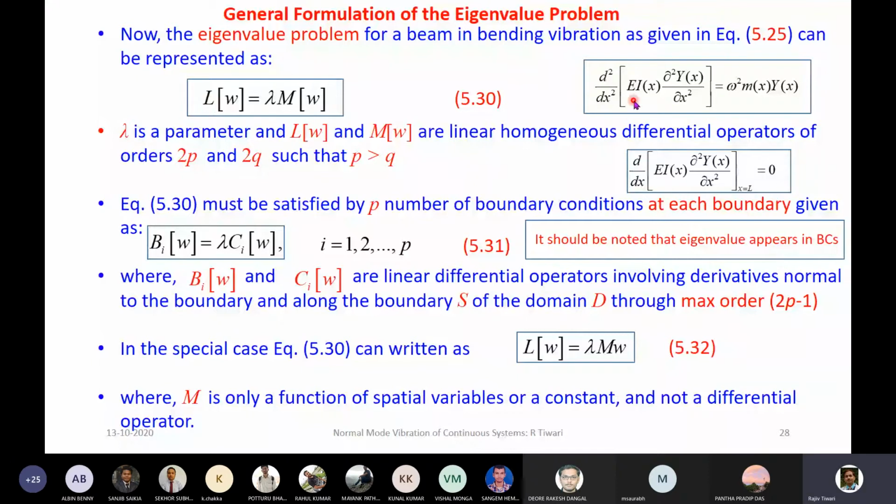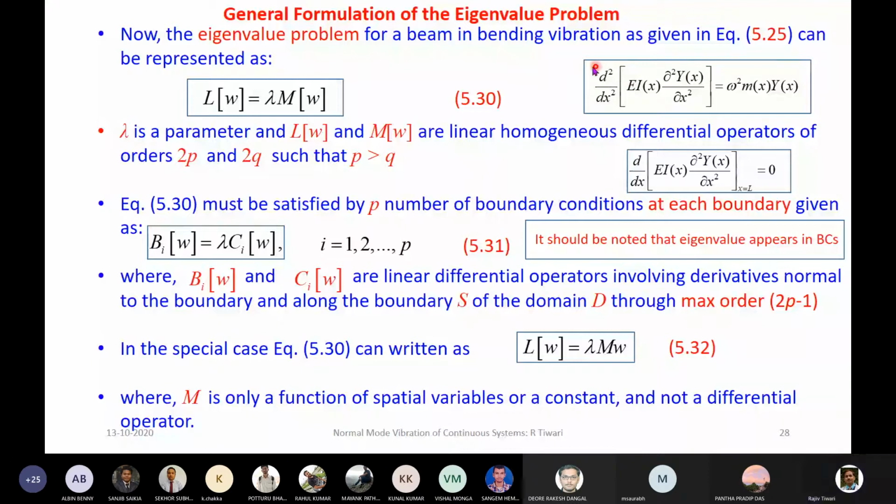We'll see what the L operator is for this. L applied to W, and then lambda M operator. This is also another differential operator, which is applied to W. So if we compare these two equations, let us take the L operator. If we remove the Y, then we'll get the L operator.